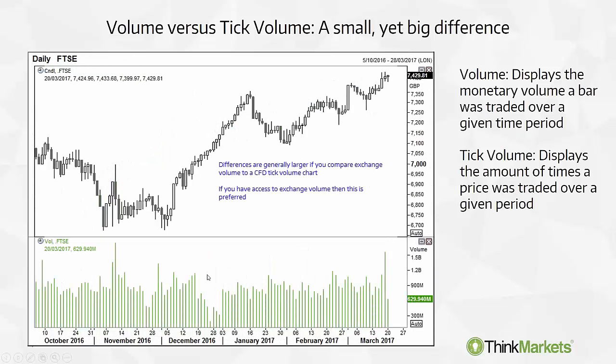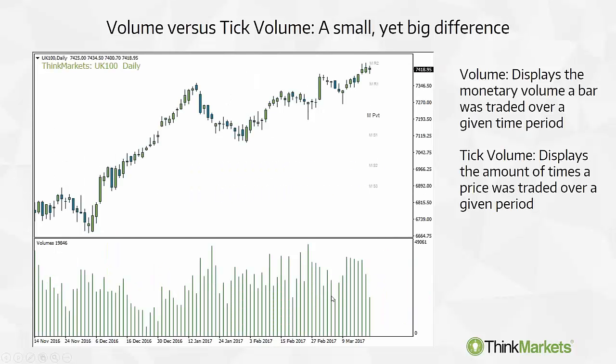Volume is looking at the amount of money traded per bar, whereas tick volume is the number of times a price was traded. A lot of the time they give very similar signals, and it's okay on Forex more so, I'd say, but there's a big difference between buying 1 million shares at a price and buying $1 million worth of shares at a price. So keep that in mind.